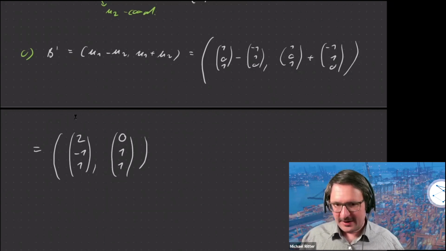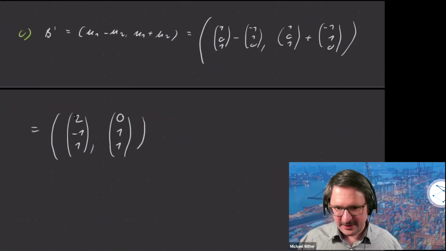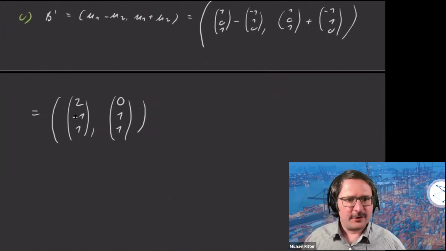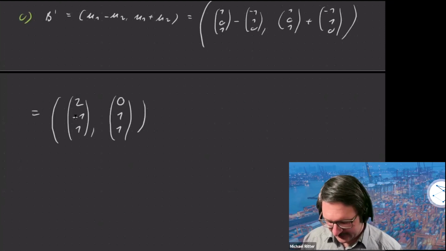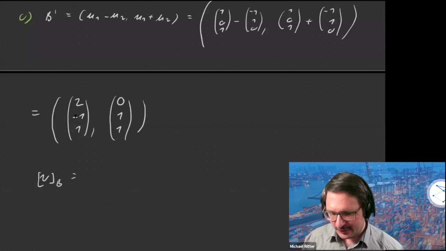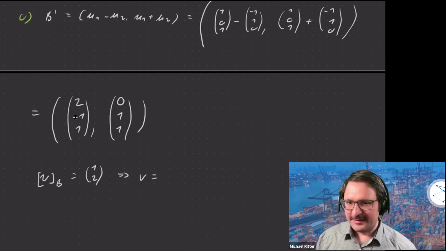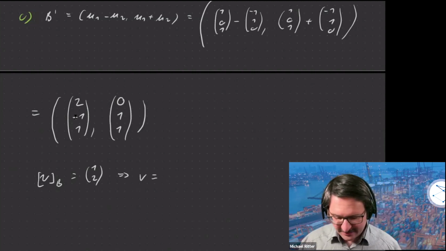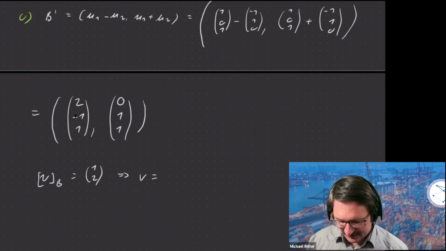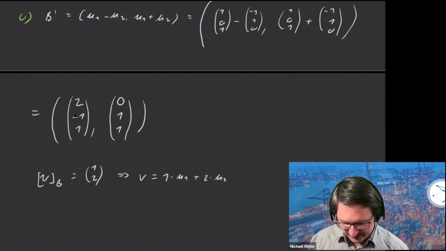And now we are again asked to determine the coordinates for a certain vector. So V is given in terms of B coordinates as 1, 2. That means we can easily determine the vector V behind all this, because that is 1 times U1 plus 2 times U2.